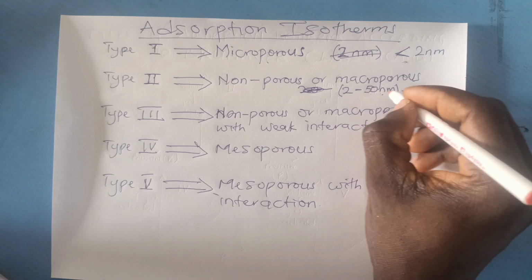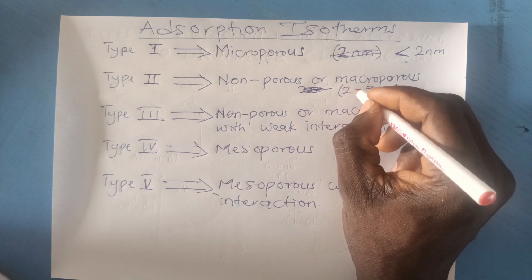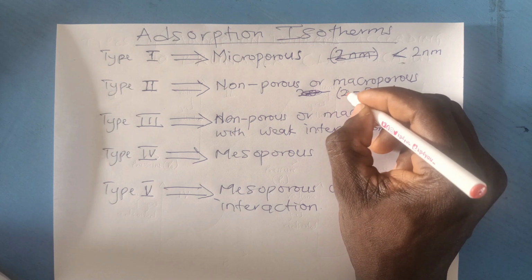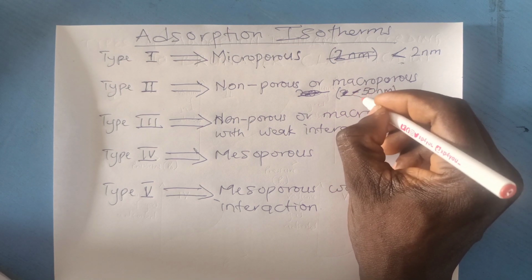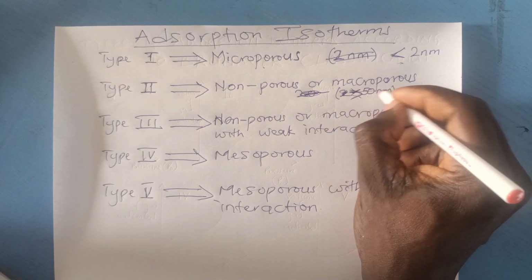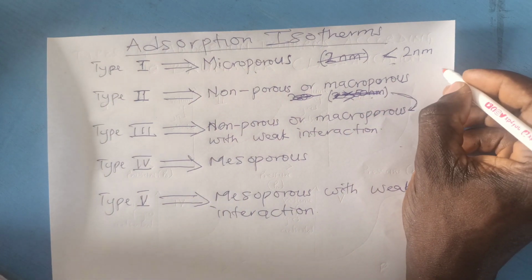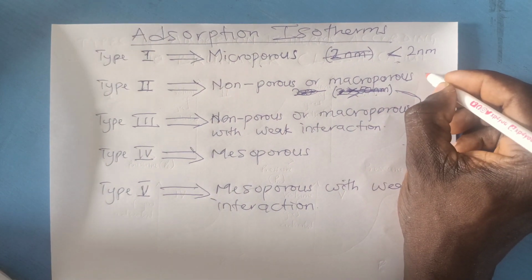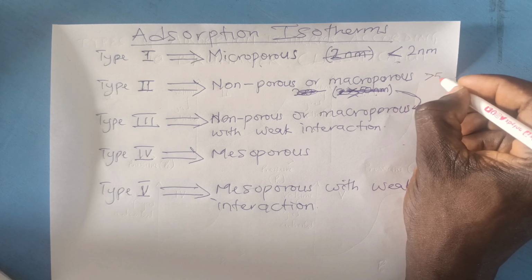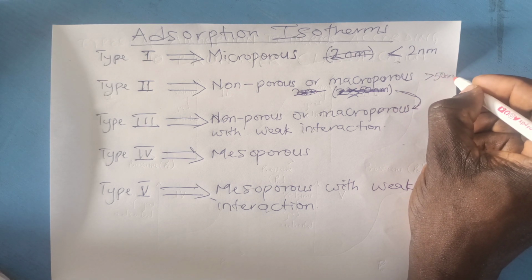If the pore range is between 2 and 50 nanometer, you will be obtaining a mesoporous adsorbent. Let me rewrite this so that it is greater than 50 nanometer.